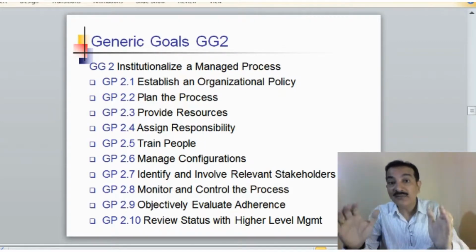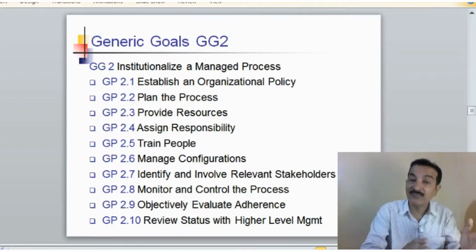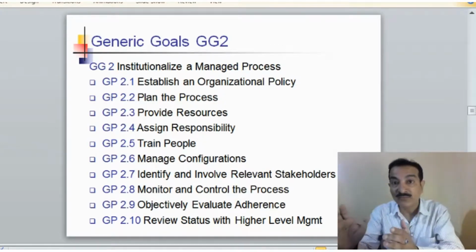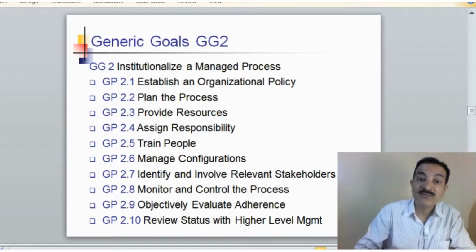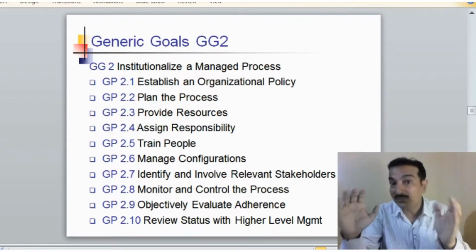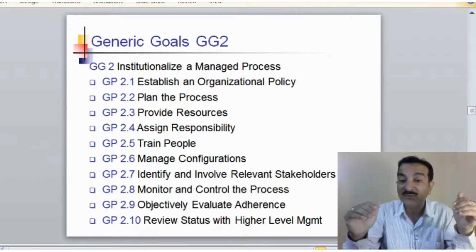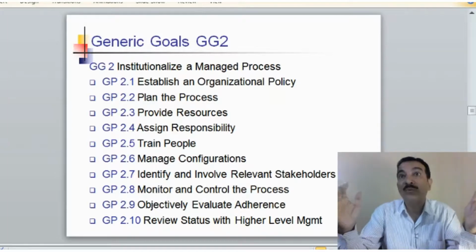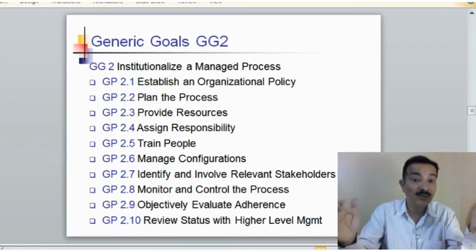You are providing the resources to manage the particular practice. So whether it's a project management practice or some work product, you are providing adequate resources to do the work. They may want some hardware, software, or even some manpower.